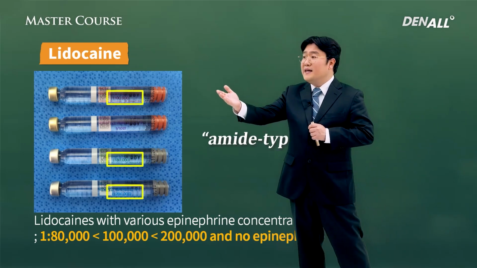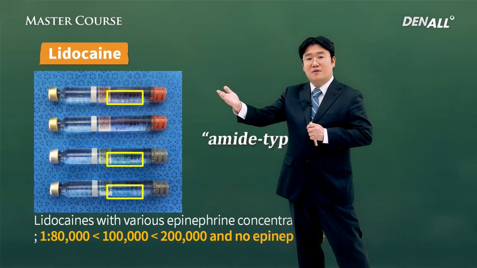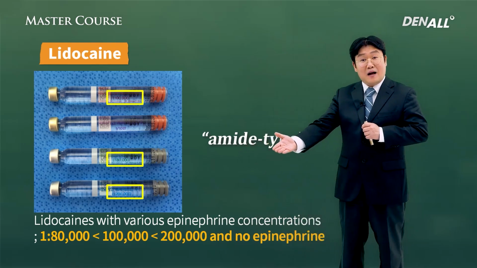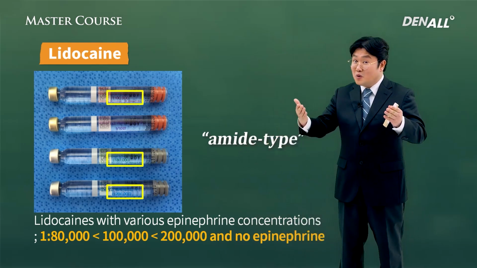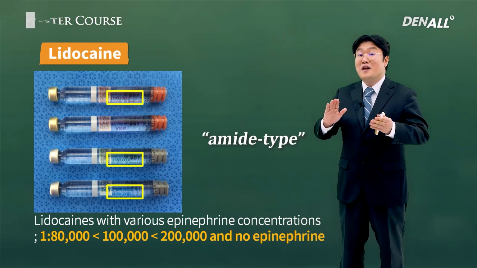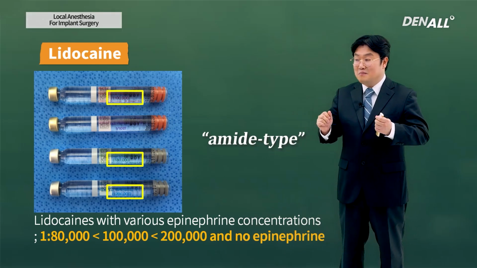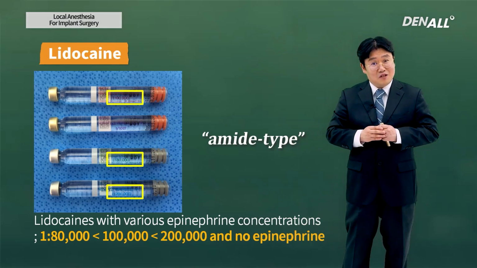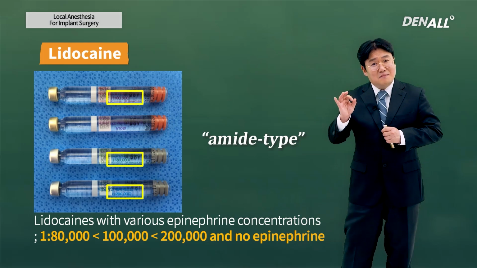1 to 100,000 epinephrine concentration is most widely used, but if you look at the product, it is 1 to 80,000. Higher concentration epinephrine is also used, primarily for dermal injection. And 1 to 200,000 epinephrine is also used.